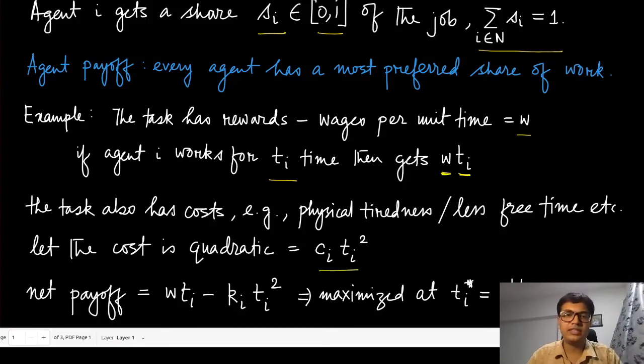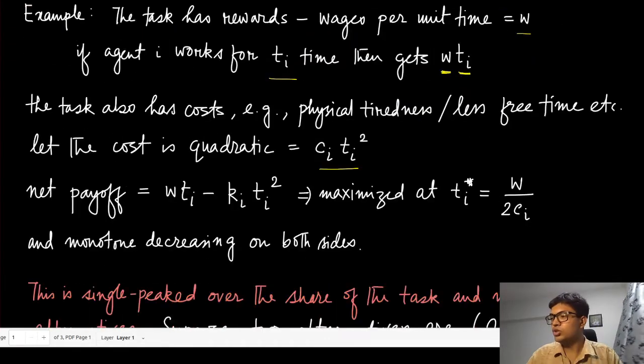So there is a multiplier c_i, and as time progresses, the task gets harder and harder. So together, the net payoff in a very simple way, we can write it as the wage that this agent gets minus the cost it incurs. So this will be c_i, as we have defined.